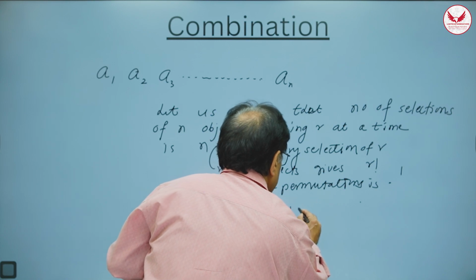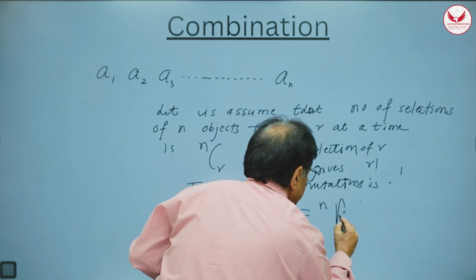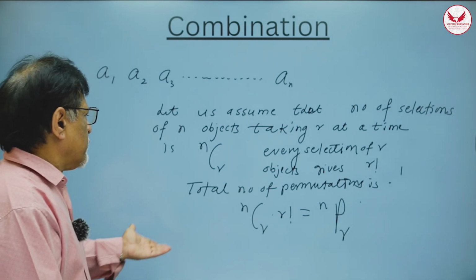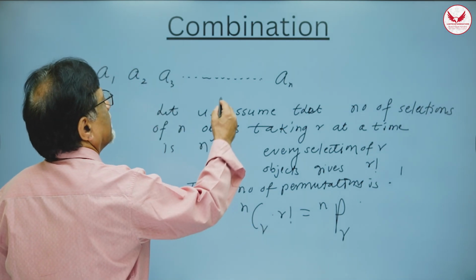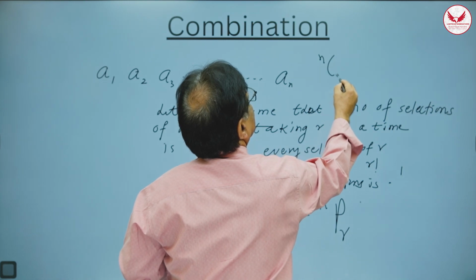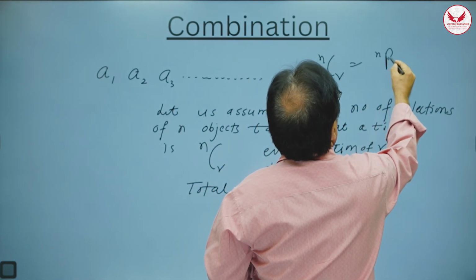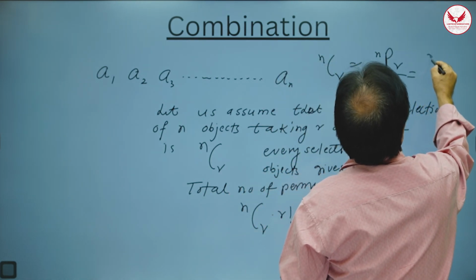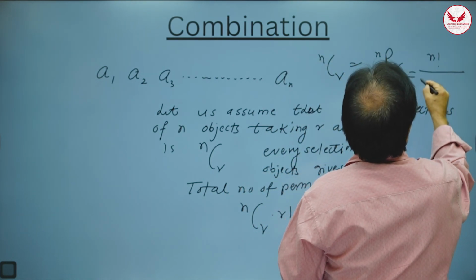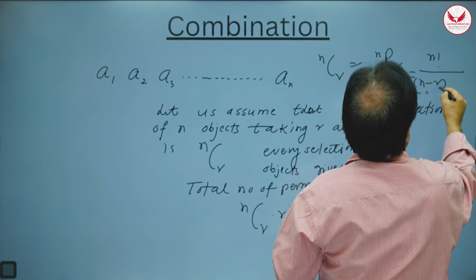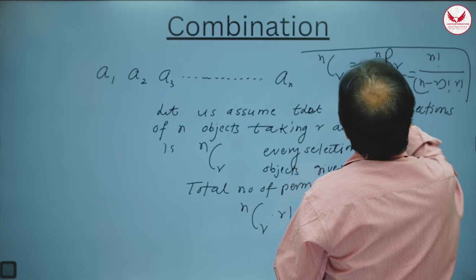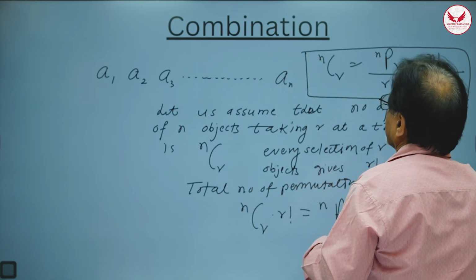So this is nothing but nPr, the number of permutations. Therefore, I get the formula that nCr is equal to nPr divided by r factorial, which gives me this famous formula: n factorial upon n minus r factorial into r factorial. Beautiful formula for calculating the number of selections.